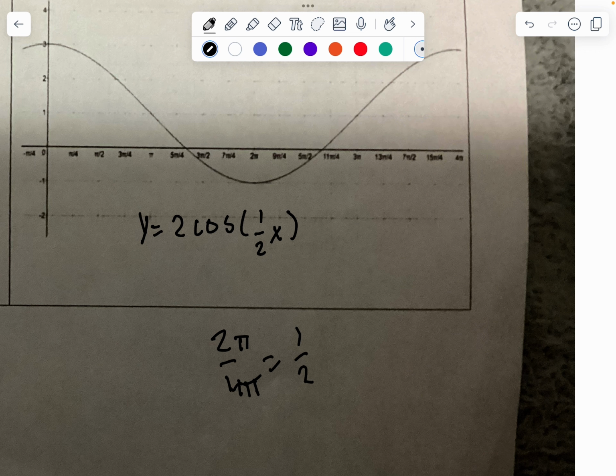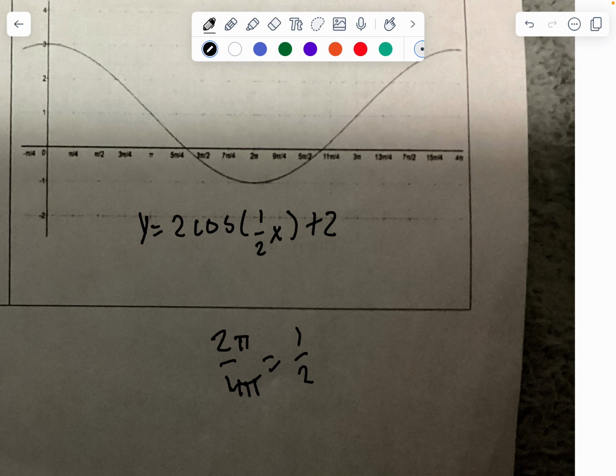Shift up and down is going to be plus 2. Is it plus 2? Yeah.